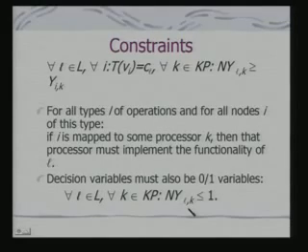So effectively, these constraints are telling you that nodes have to be mapped either to hardware or to software, and if a particular computation is mapped to a processor, then that processor must implement that functionality. That has to be formally, mathematically represented by these constraints.